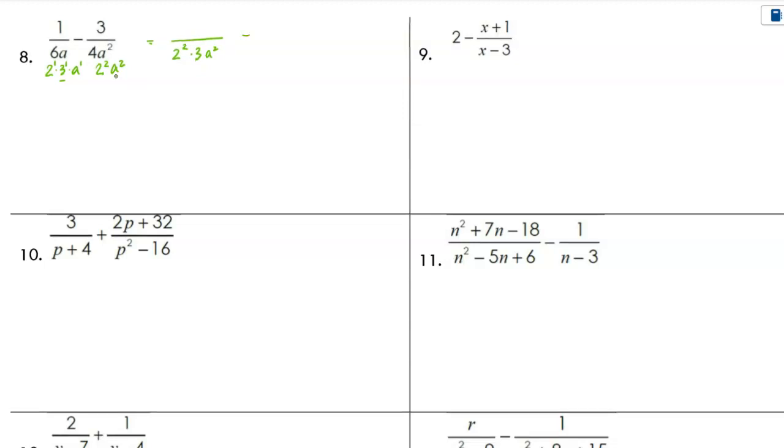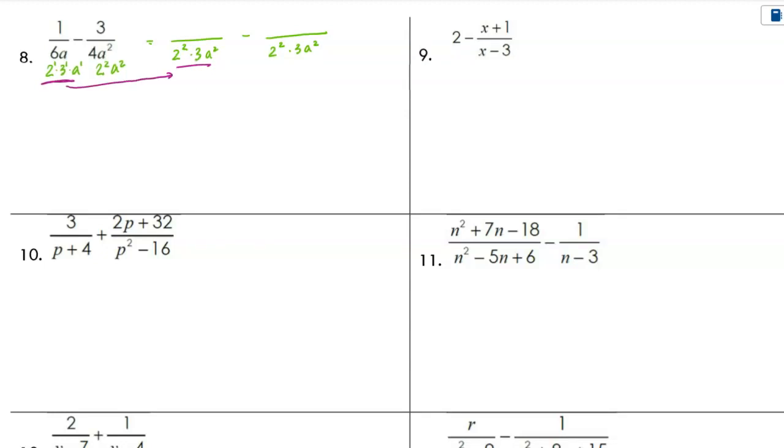So I'm going to skip the step in your class, and then I'm going to include the step, okay? As kids were kind of getting confused. I take a look at this denominator compared to this denominator. What is missing? How does this denominator become that denominator?